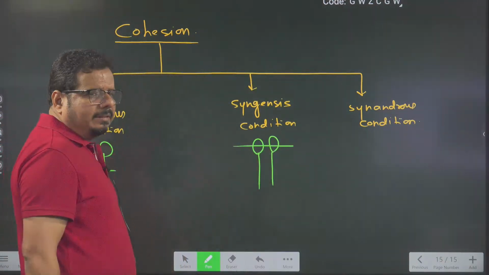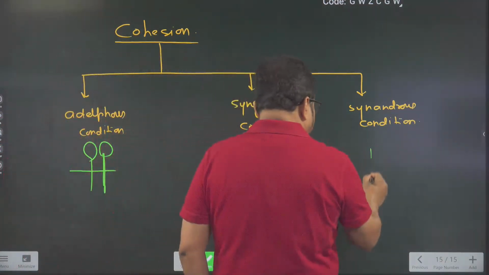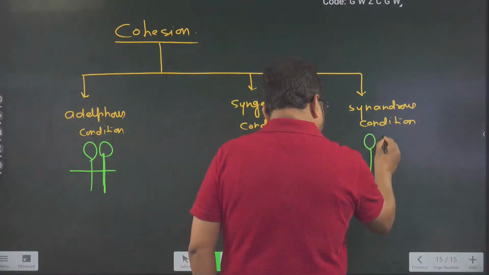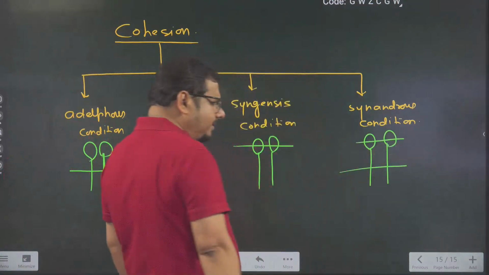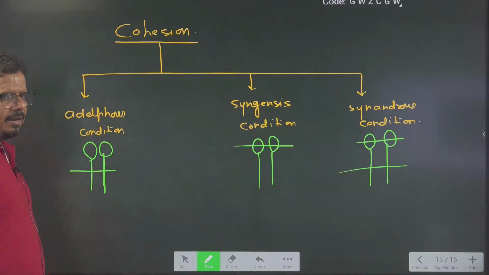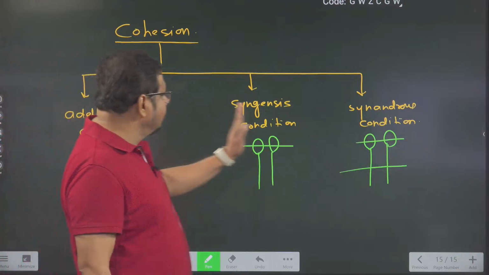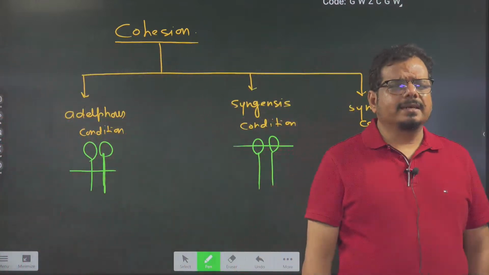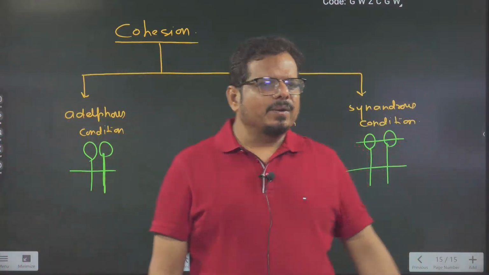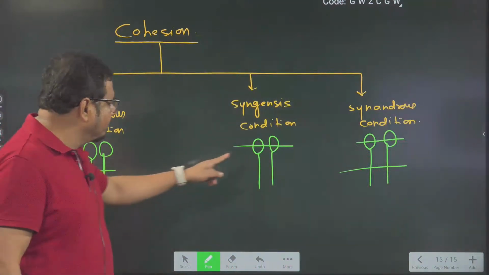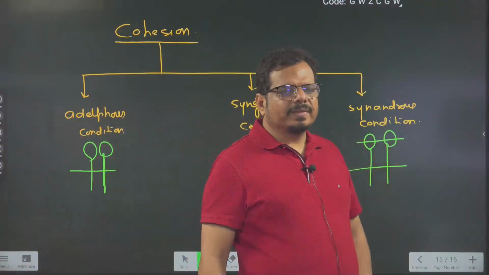Anthers are fused together. And in this case, stamen fuse in entire length. Anther also fused, filament also fused. So these are three conditions of cohesion. These are the variable degrees of cohesion, partial cohesion, complete cohesion. Got the idea?